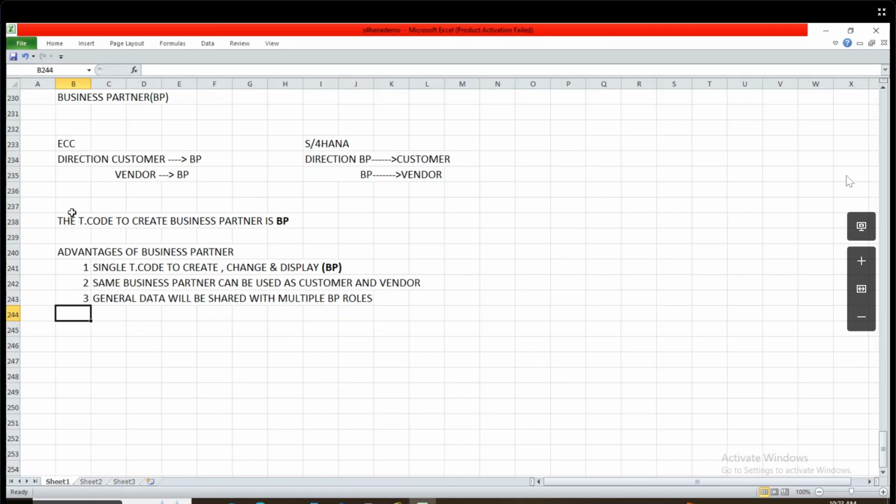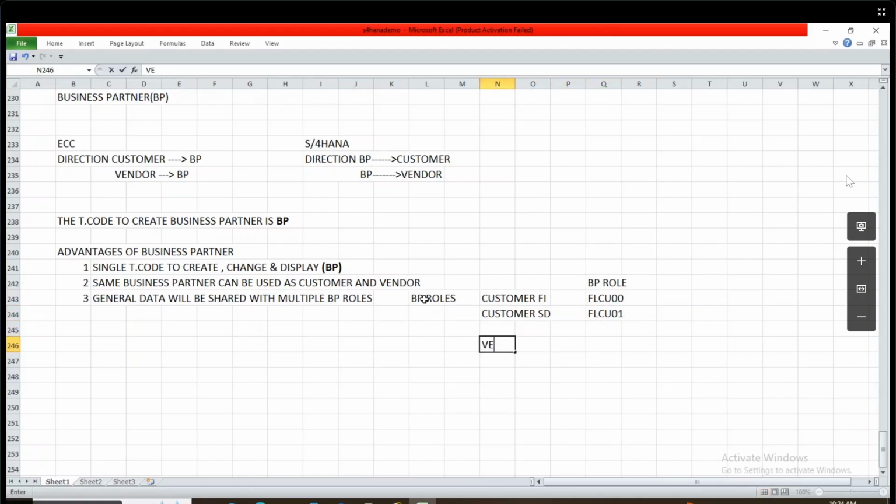Suppose if you see BP roles, customer FI BP role, just for information purpose. Anyway, when we start configurations, we'll see BP roles and we define our own. FLCU00 standard, customer SD, FLCU01.